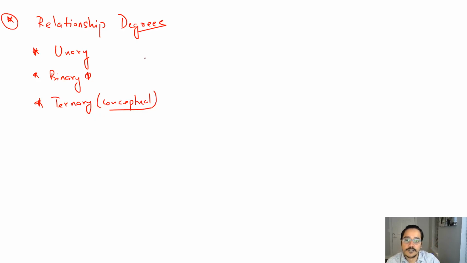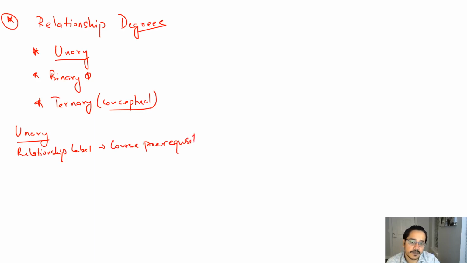Okay, so unitary relationship is basically an entity in a relationship with itself. So if you want to take an example, let's say the relationship label is course prerequisites. You want to set up course prerequisites.